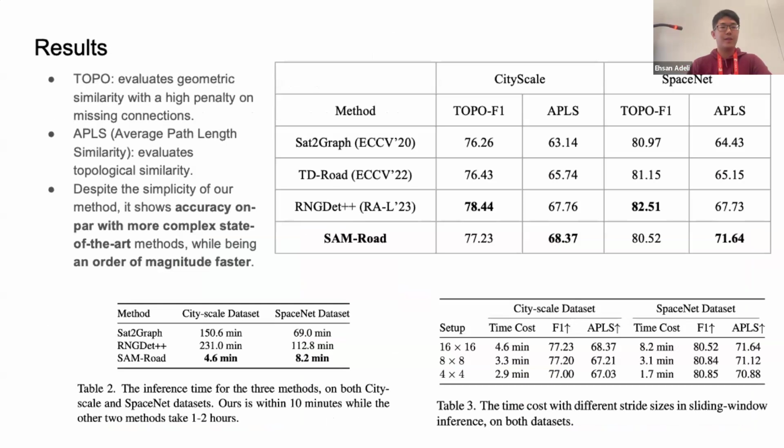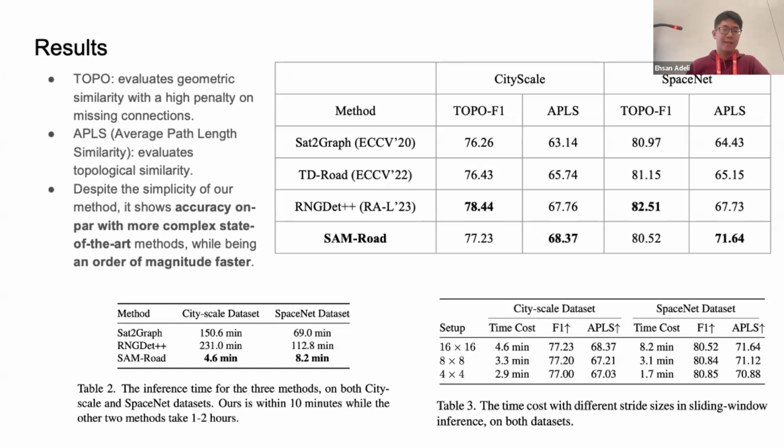So in conclusion, the result is that our method, despite its simplicity, performs on par in terms of accuracy with the more complex recent state-of-the-arts, while it is actually an order of magnitude faster because it doesn't have complex heuristics, and it's very easy to parallelize.